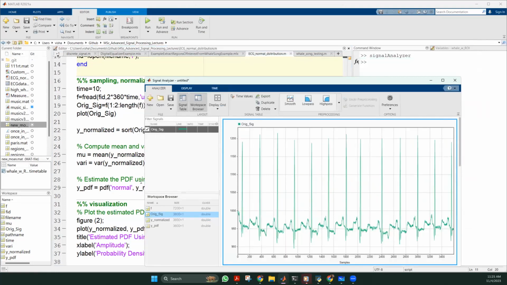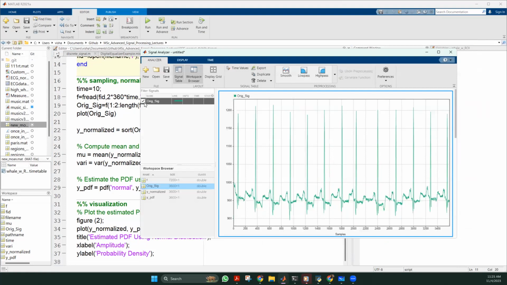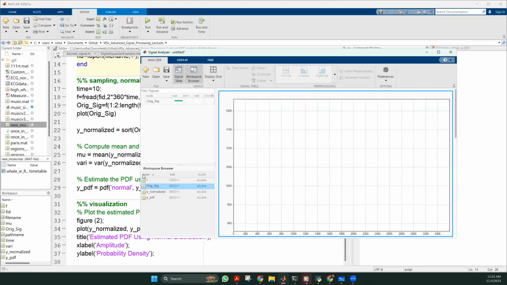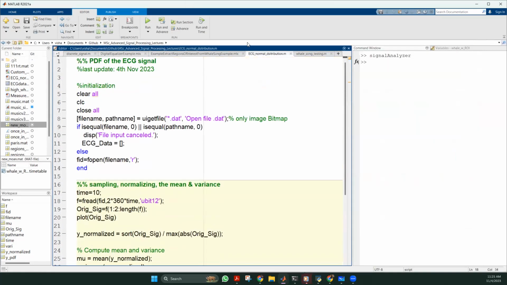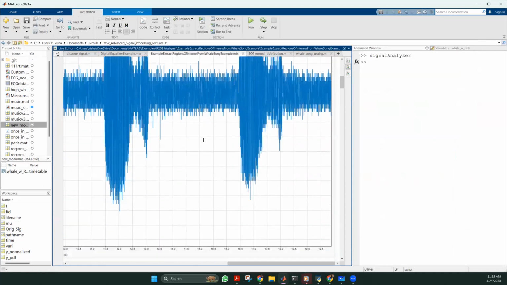In this example, we will discuss another signal, right? We will not discuss this ECG signal. If you want, you can do the ECG signal analyzing in here. I will delete it for the moment, but I will just keep it just in case.